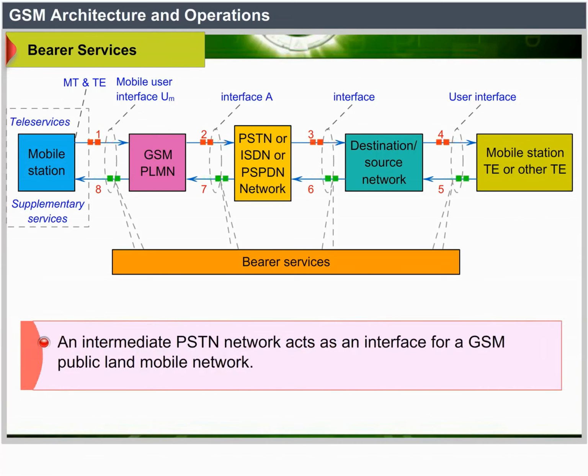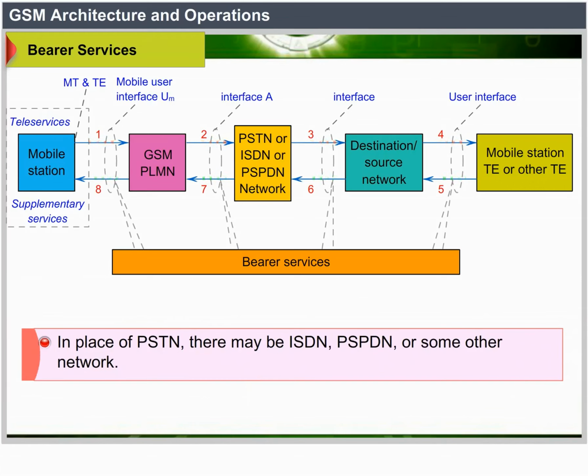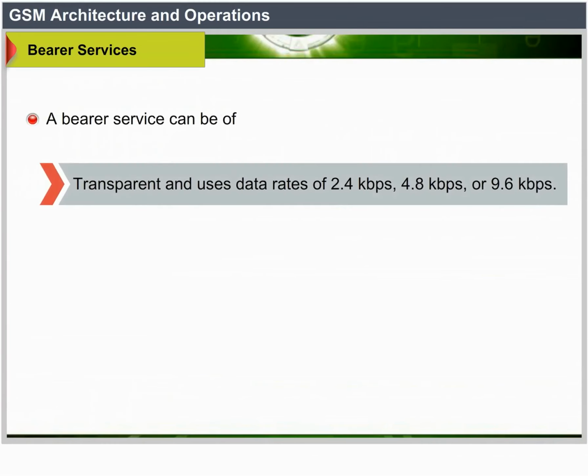An intermediate PSTN network acts as an interface for a GSM public land mobile network. In place of PSTN, there may be ISDN, PSPDN or some other network. A bearer service can be transparent and uses data rates of 2.4 kbps, 4.8 kbps or 9.6 kbps.